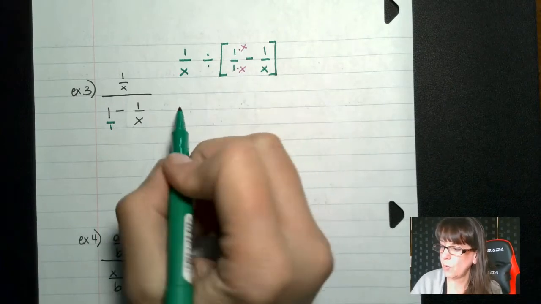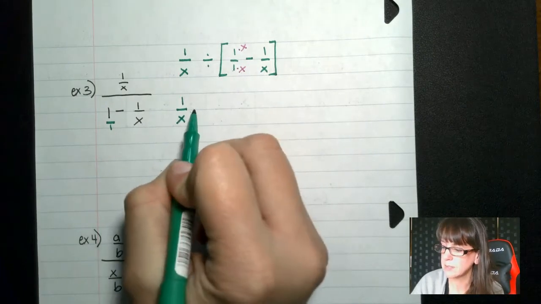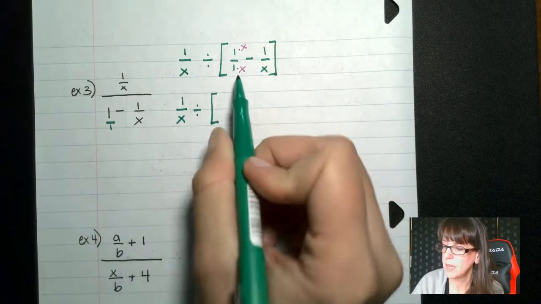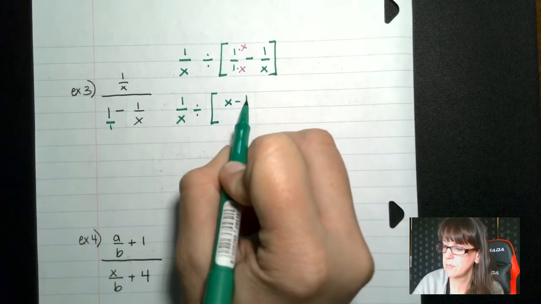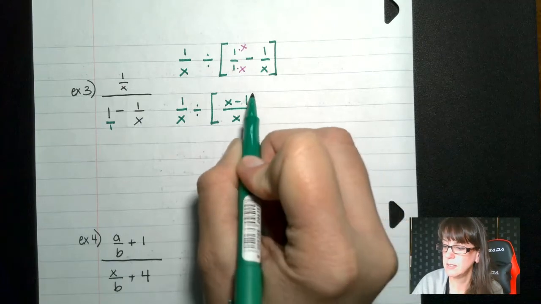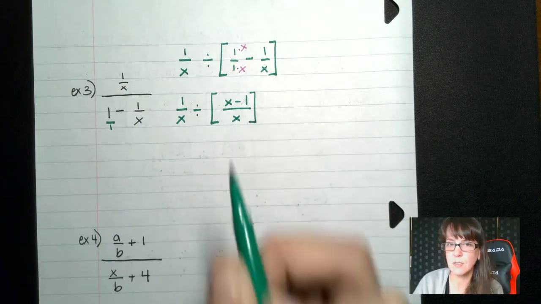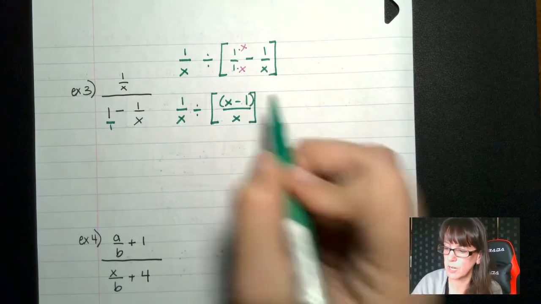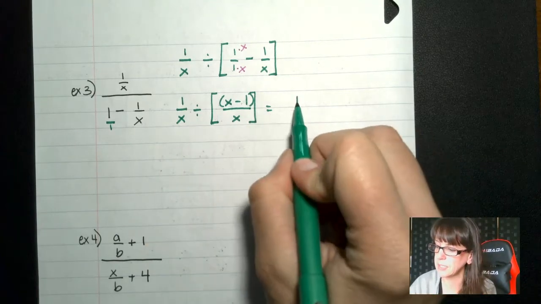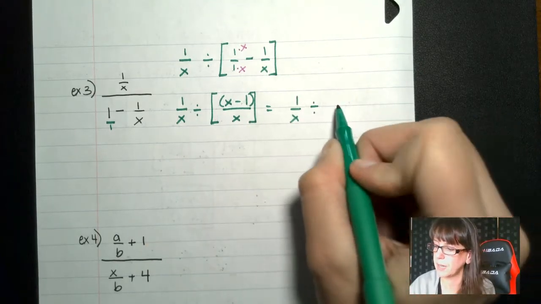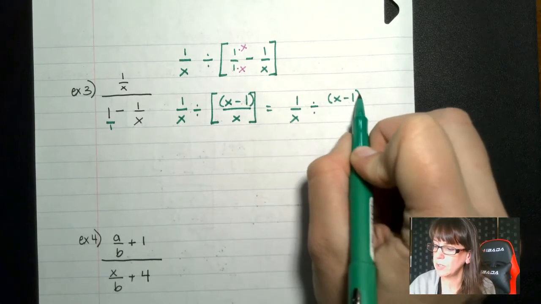I get 1 over x divided by, now I have a common denominator, x minus 1 over x. Don't be canceling those out because you protect your addition and subtraction. This is a division, so let me rewrite that. It looks like this: 1 over x divided by x minus 1 over x.